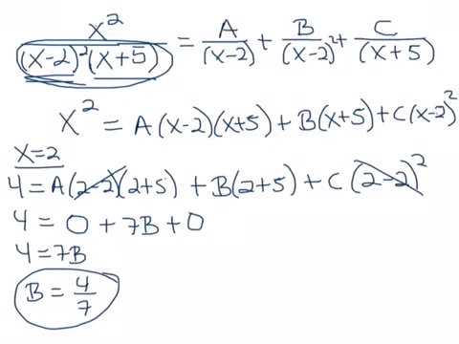Now the second number I'm going to plug in on the next page is x equals negative 5. In the same way that x equals 2 made this set of parentheses cancel away to 0, x equals negative 5 should make anything with an x plus 5 go to 0. So let's go to the next one, make sure I remember what I've got here.